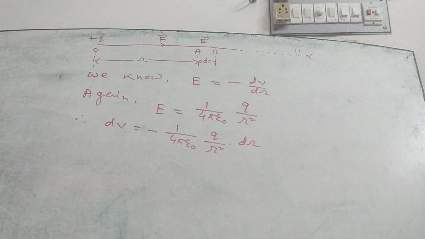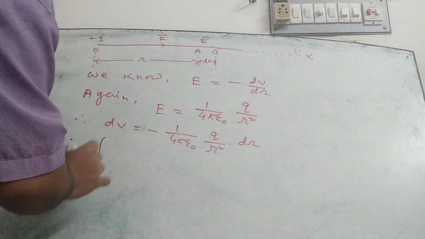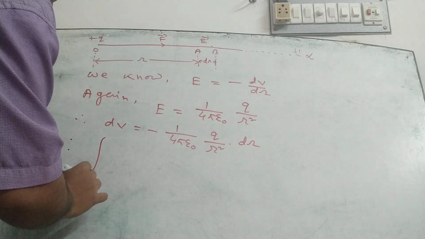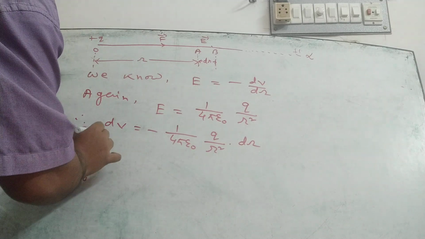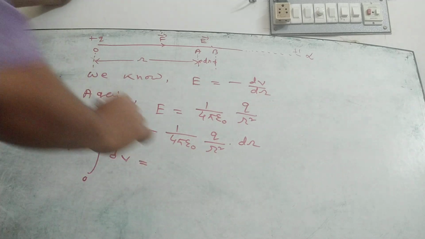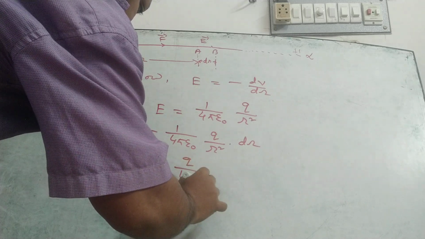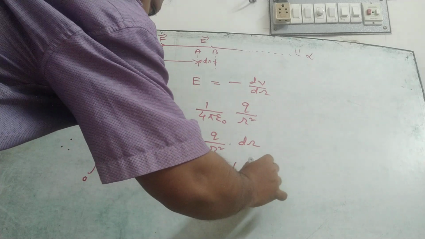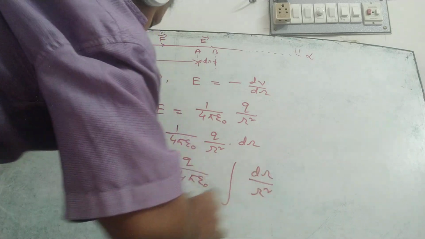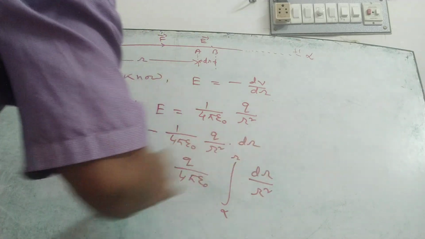The electric potential at the infinity is 0 and at the point A is V. Therefore, integrating both sides, we can write 0 to V dV is equal to minus q by 4 pi epsilon 0 integration of dr by r square from infinity to r.